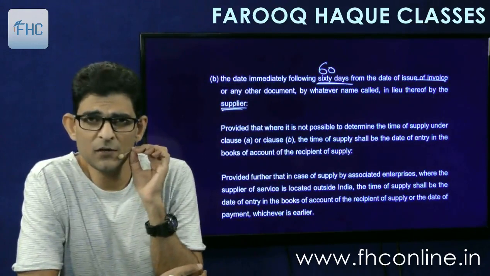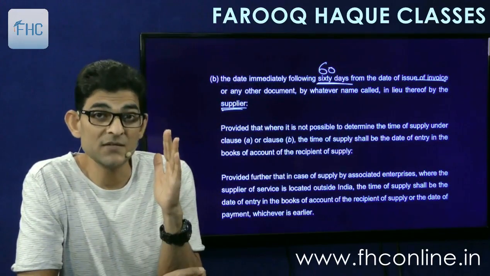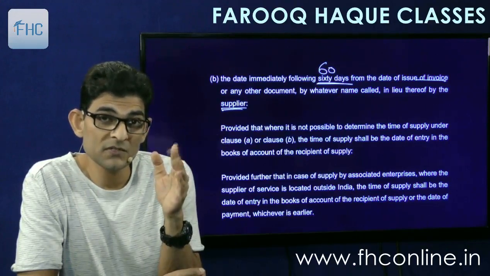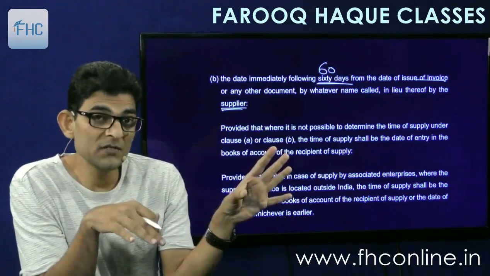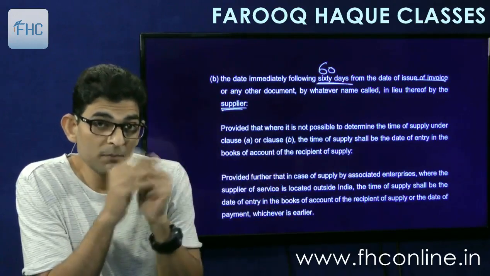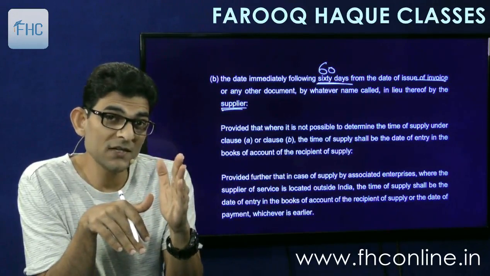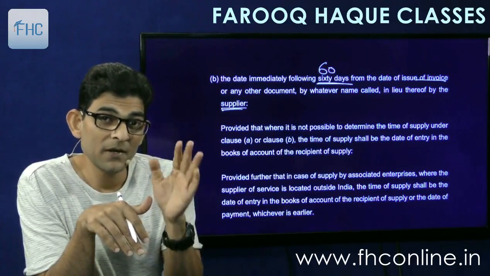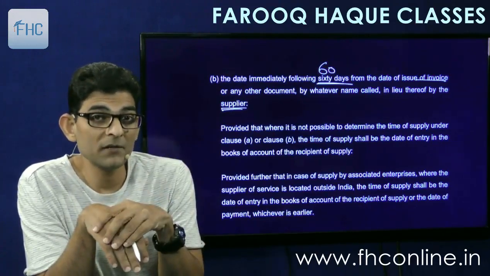We will take the date of payment and compare it with 60 days. For goods it was 30 days from invoice. For service it is 60 days from the date of invoice. It means if I make the payment within 60 days of the invoice, then the date of payment will be taken. If I don't make payment till 60 days, then on expiry of 60 days, the next day, that is the 61st day, will become the time of supply, and I will become liable to pay tax to the government.